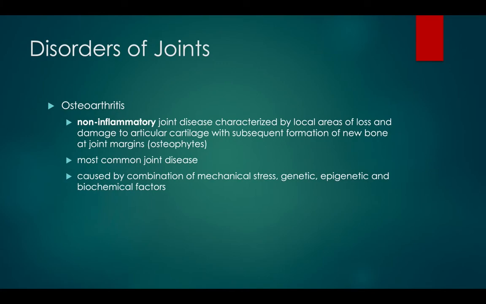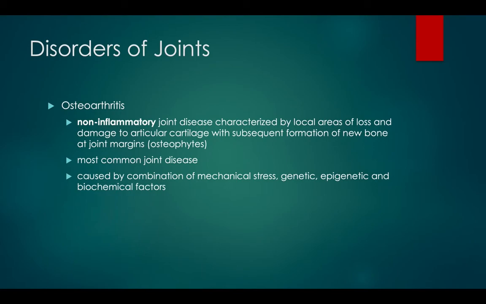So in osteoarthritis, the cartilage or the lubrication breaks down between joints, and subsequently you have bone on bone, which causes pain. And when bone rubs on bone, it causes the growth of abnormal bone at the joint, which is what's called osteophytes.